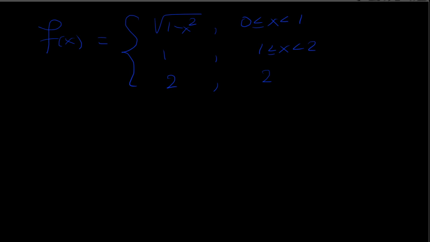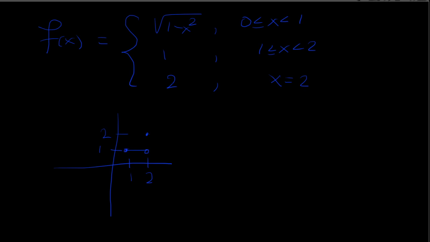So with 2, if x is equal to 2, 2 is one of the points, and then 1 between 1 and 2, and we're including 1, but we're not going to include 2.